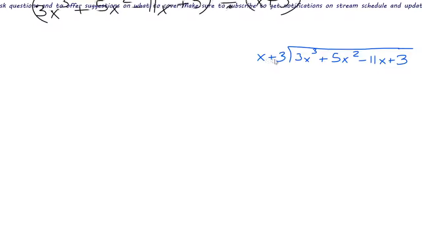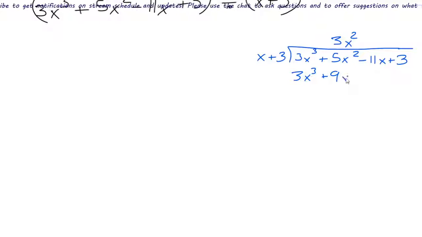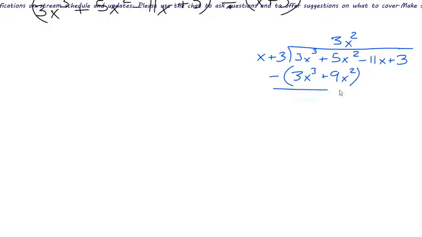So what can I multiply x by to get to 3x cubed? Well, I'm going to multiply that by 3x squared. 3x squared times x is going to be 3x cubed. 3x squared times 3 is going to be 9x squared, and then we're going to subtract.